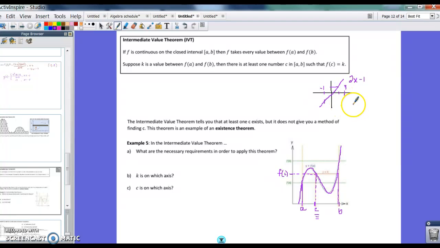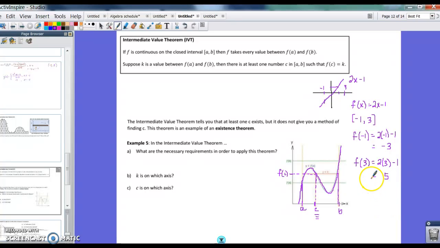So my function f of x is equal to 2x minus 1, on the interval from -1 to 3. Well, f of -1, I can plug in -1 for x, and that gives me a total of -3. If I plug in 3, I get 2 times 3 minus 1, so 6 minus 1, or 5.